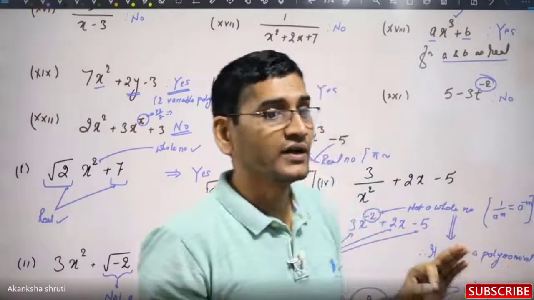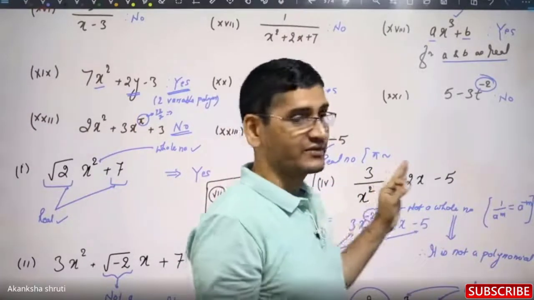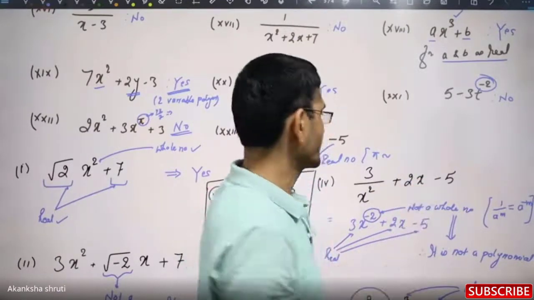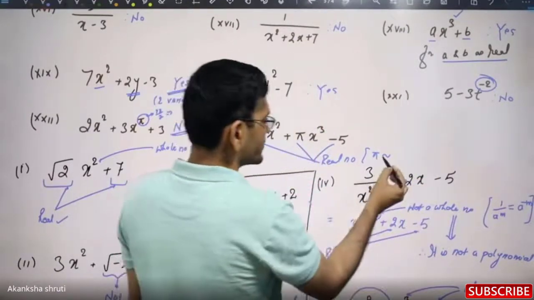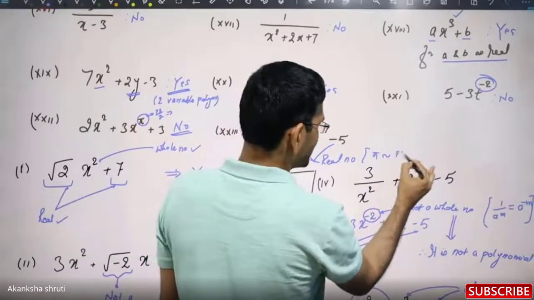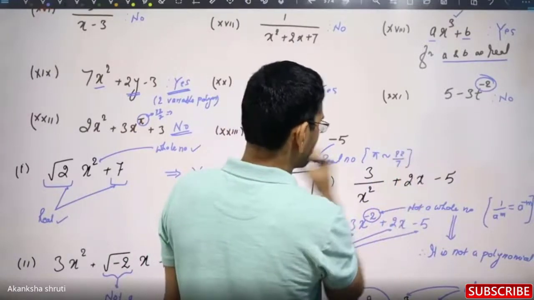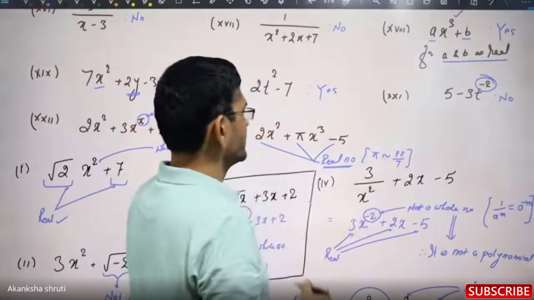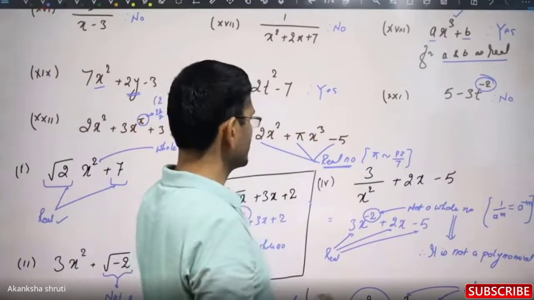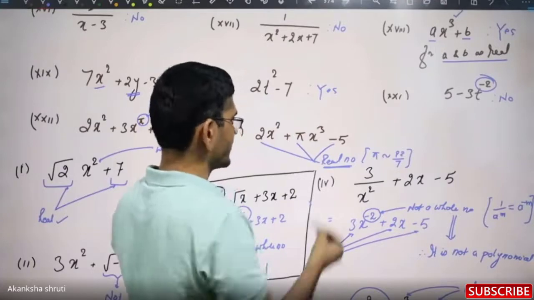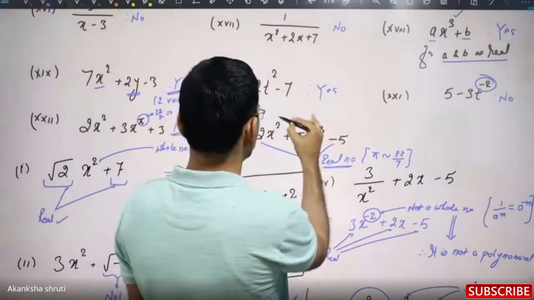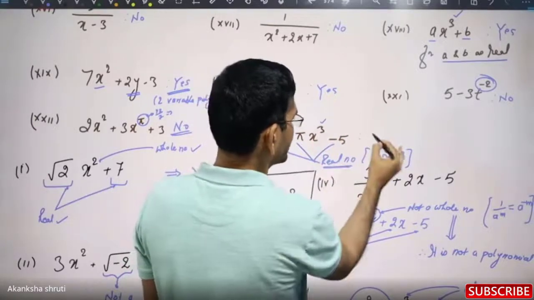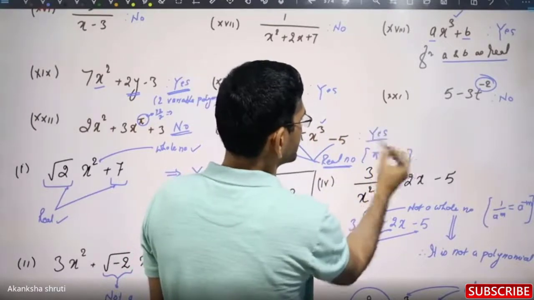Another thing, its decimal will never be terminating or repeating. So student, it is approximately 22 by 7, not the exact value. But still it is a real number that we use in various other chapters like circles and other things. And this coefficient is also okay. So the answer is yes. Okay, student.